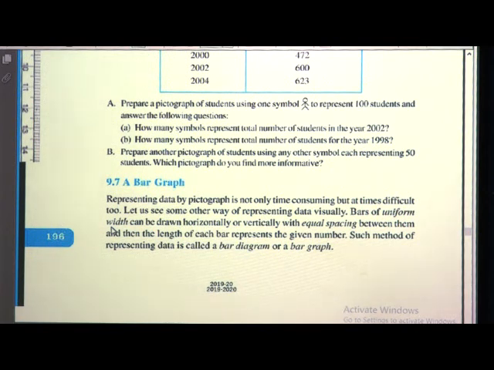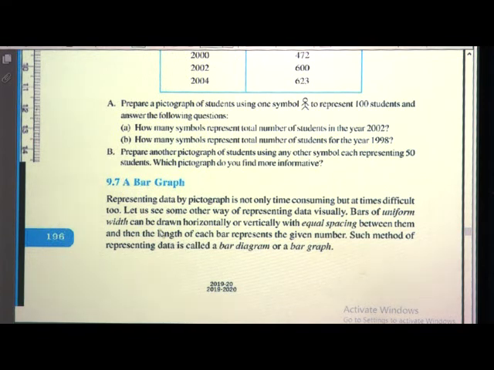It means it takes a lot of time to do the drawing of pictures and representing it in a tabular form. So it is time consuming. Let us see some other way of representing data visually.